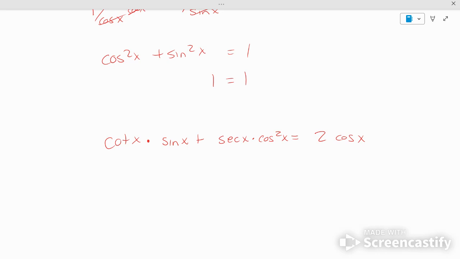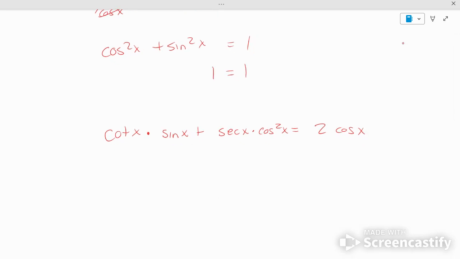All right, let's do this one instead. It's similar. What do we change cotangent into? Cosine of x over sine of x. What do we change secant into?